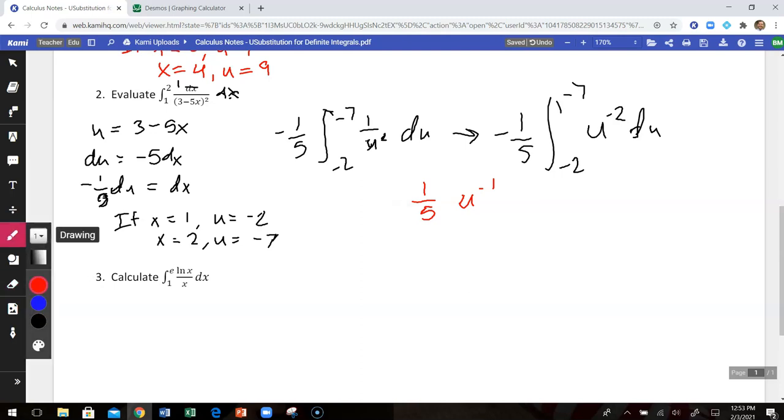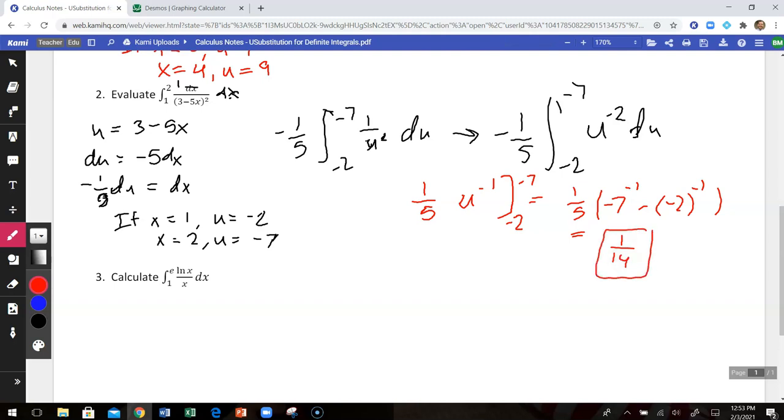So I have 1/5 u to the negative first, and we're going to evaluate this from negative 2 to negative 7. That means we have 1/5 times negative 7 to the negative first minus negative 2 to the negative first. And if you evaluate that, you get 1/14. That's your final answer.